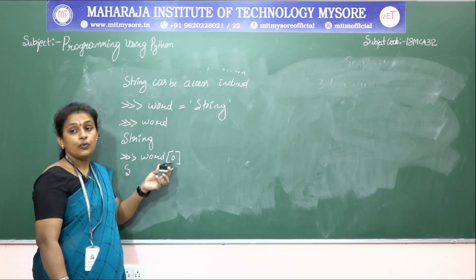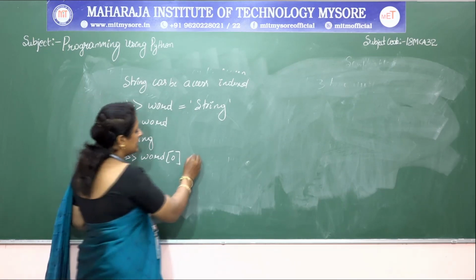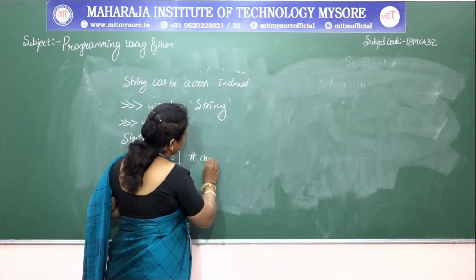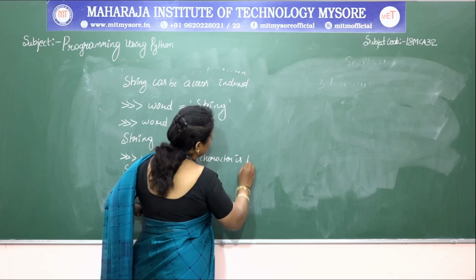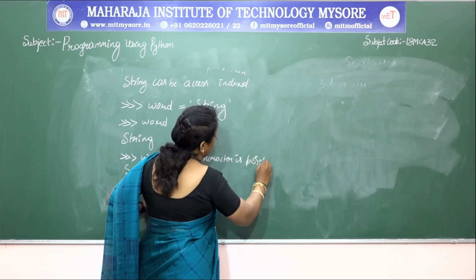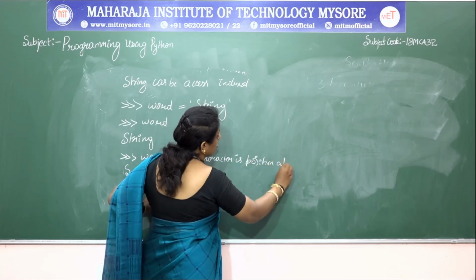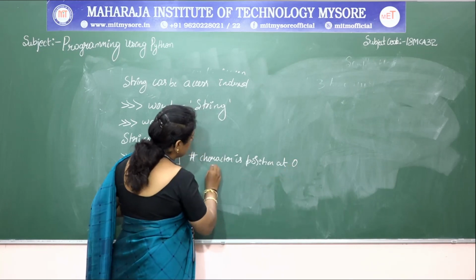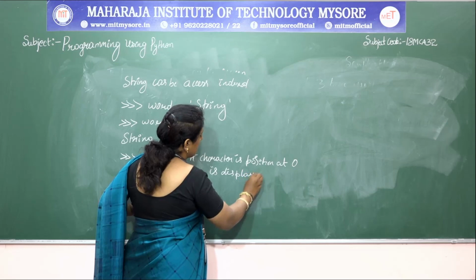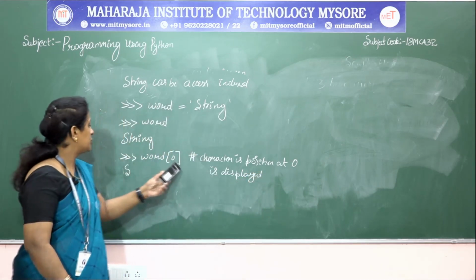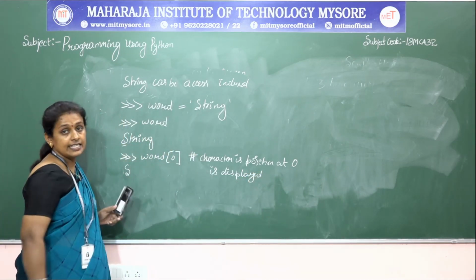So when I represent word of 0, the character positioned at 0 is displayed. At the 0th position, we have a value called Y.